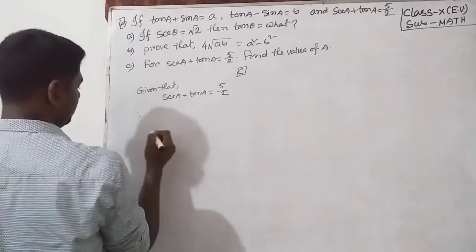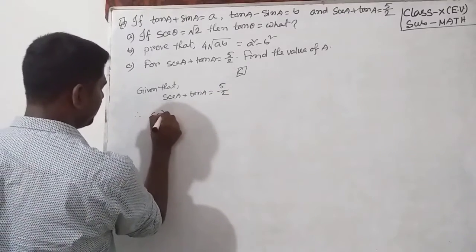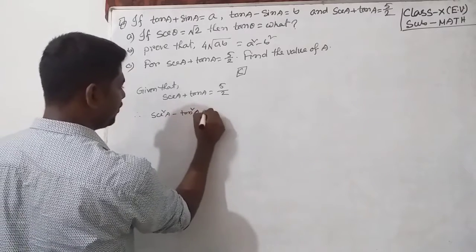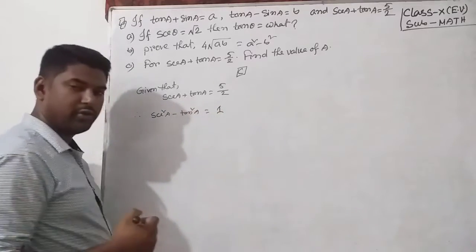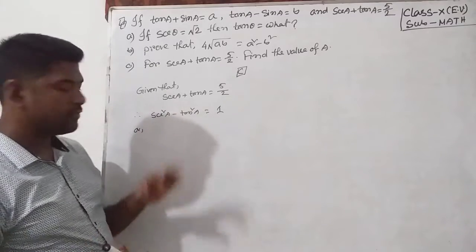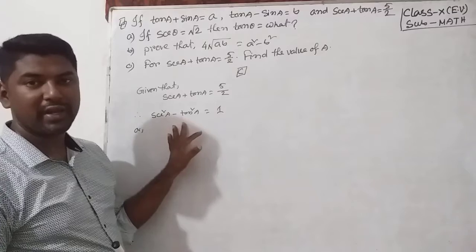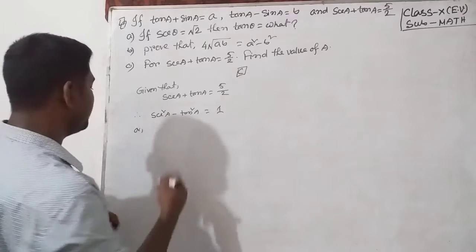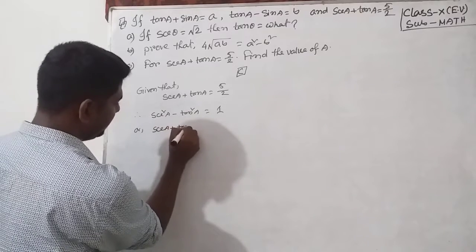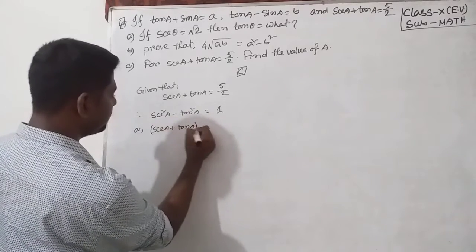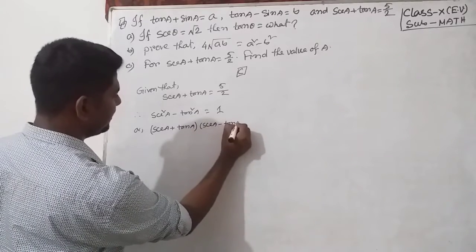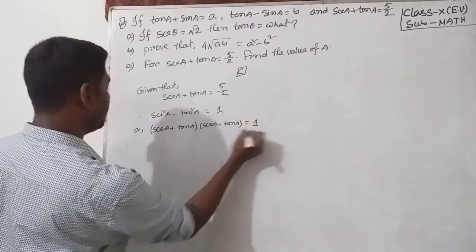We know sec square a minus tan square a equals 1. So this is a square minus b square form, so we can write a plus b into a minus b. So we can write sec a plus tan a into sec a minus tan a equals 1.